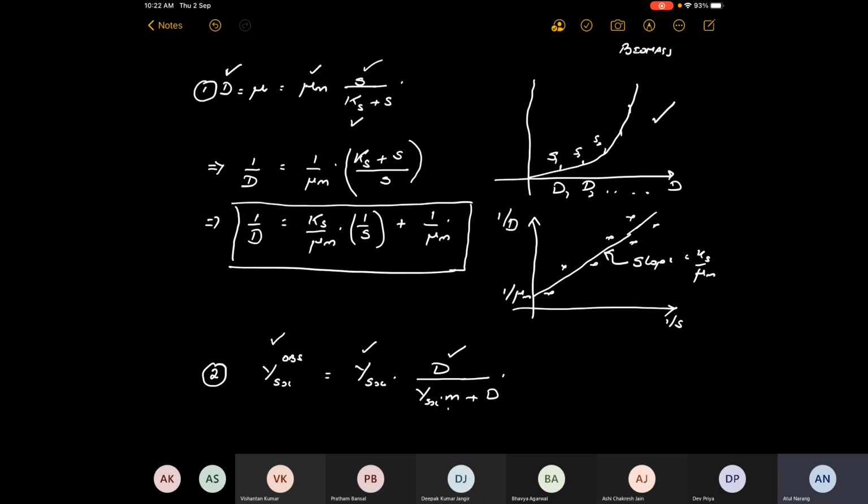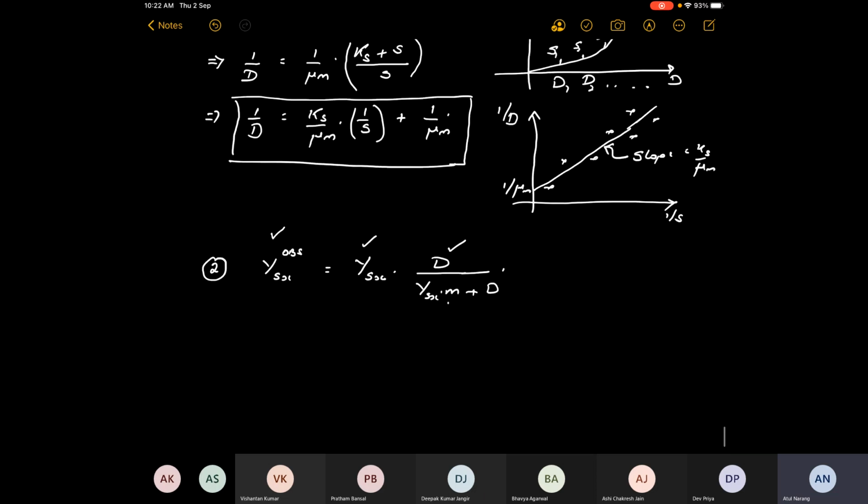If somebody gave you this data, Y(SX) observed versus D, as a function of D, you could do the same thing. It's a hyperbolic function.